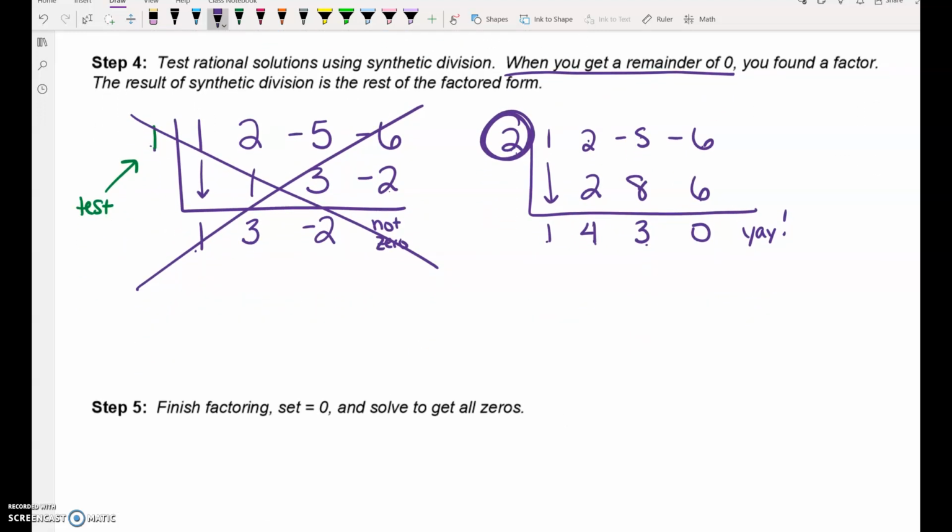This is where we kind of bank on what we learned yesterday. If 2 is a solution, that means that x minus 2 is in the polynomial. The rest of the factored form comes from here.